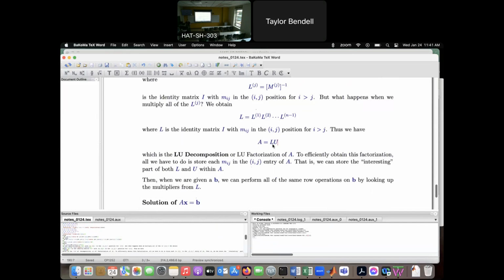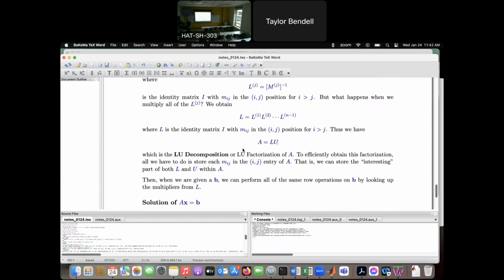And in fact, in homework 2, that's what you'll do with Gauss elimination: have it return just one matrix that has key information about L and U in it. All right.